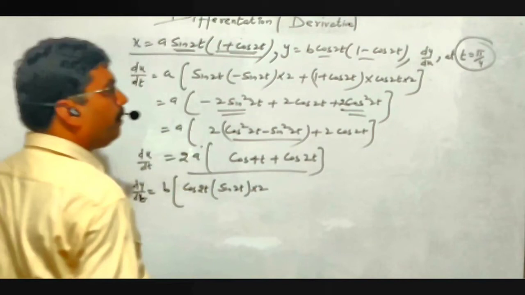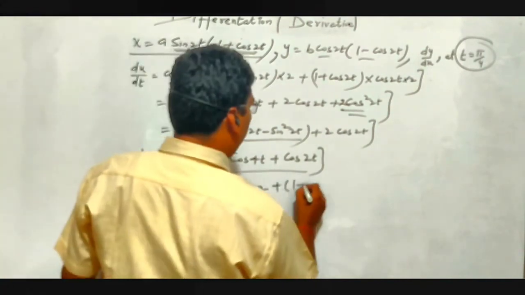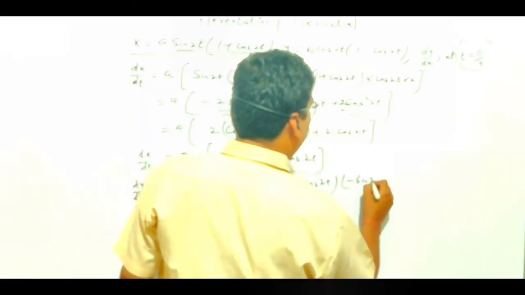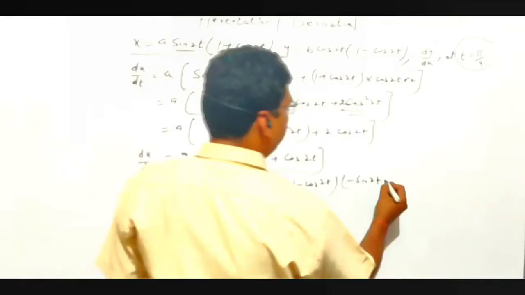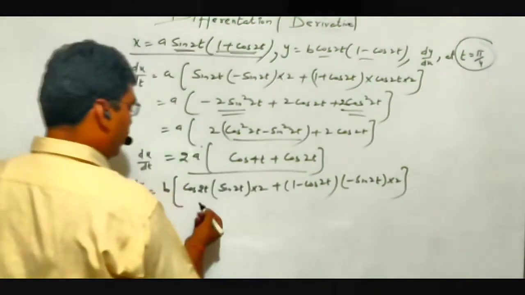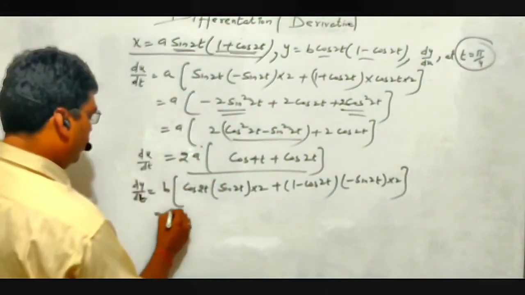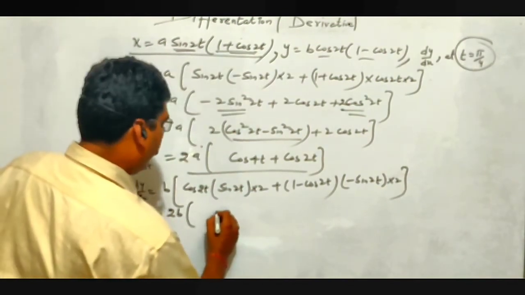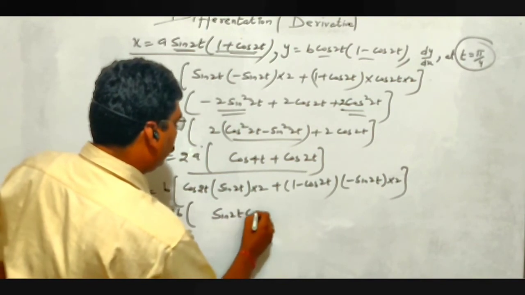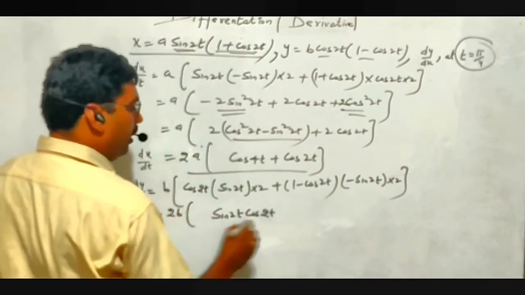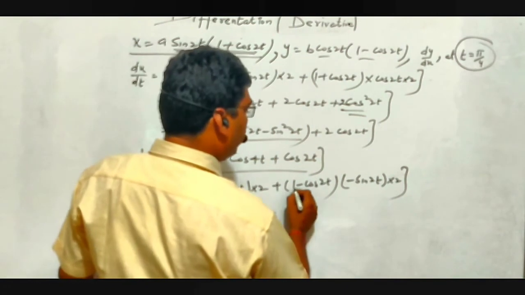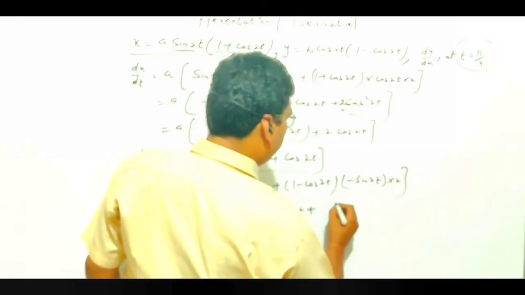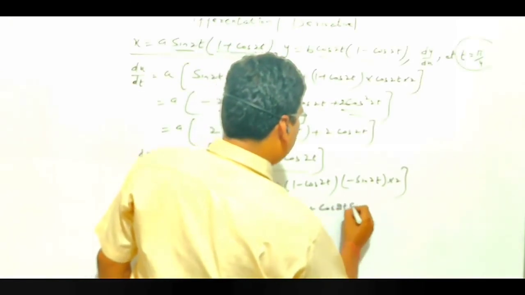Cos 2t as it is, and that becomes sin 2t into 2, plus 1 minus cos 2t as it is, and that is equal to minus sin 2t into 2. Now 2 is common, 2b, that becomes sin 2t cos 2t, and that is sin 2t plus cos 2t sin 2t.